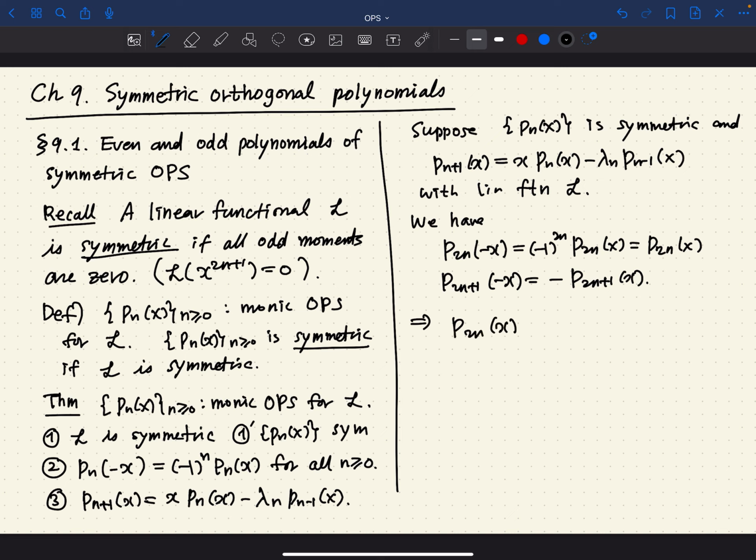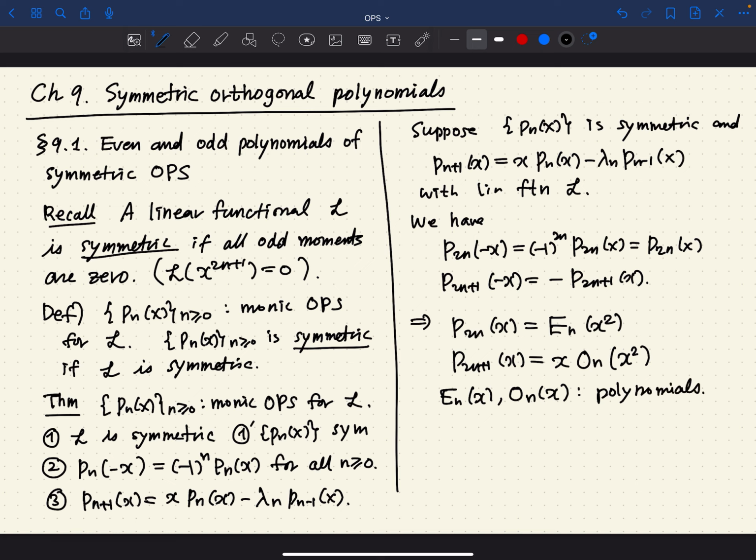So that means we can write P_2n(x), because this is an even polynomial, as E_n(x squared) for some polynomial E_n, and P_(2n+1)(x) equals x times O_n(x squared), where E_n(x), O_n(x) are polynomials.